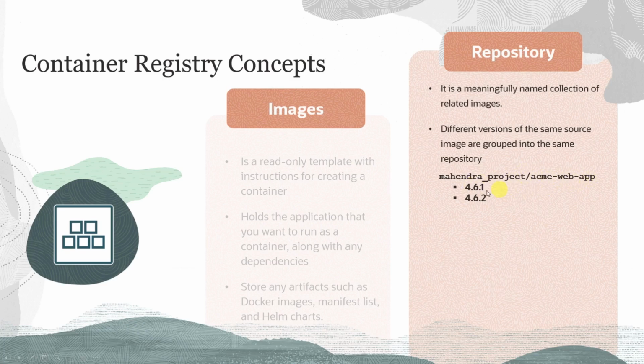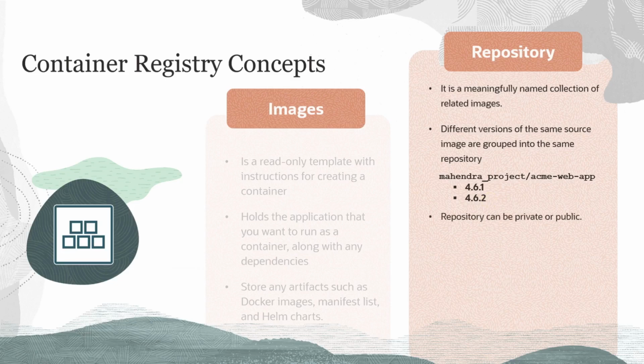Now you can have multiple images stored under this repository. The only thing that you need to keep changing is the image version. Every image version is given a tag, and the tag uniquely identifies the image. As in this case, we have two images for the Acme web app, which are 4.6.1 and 4.6.2.